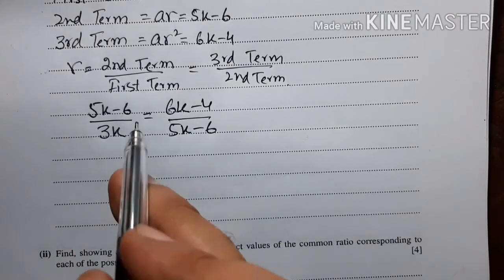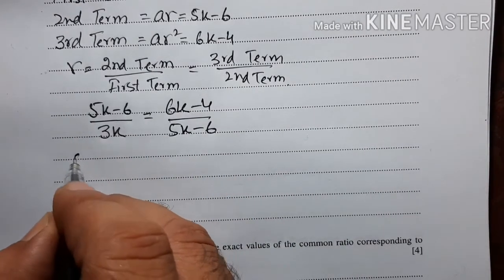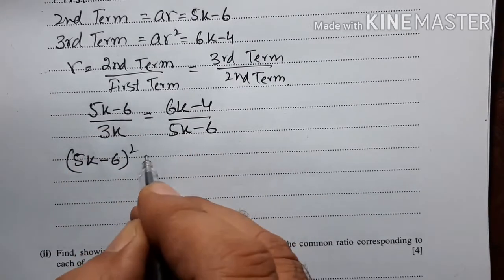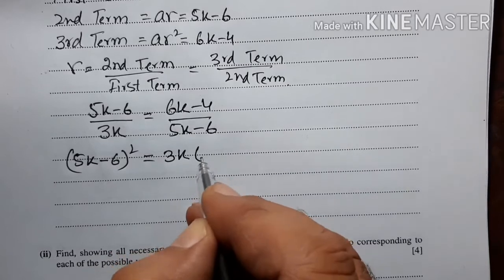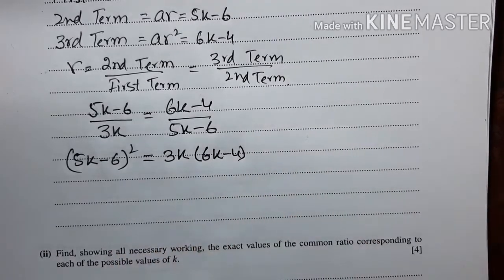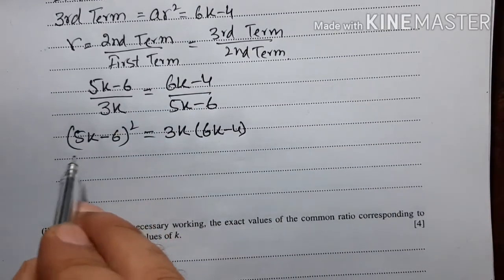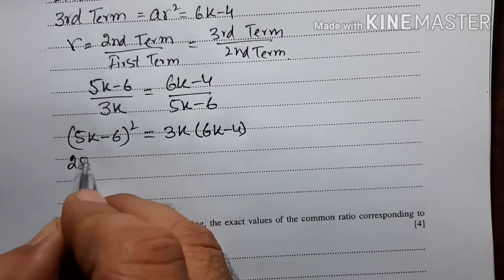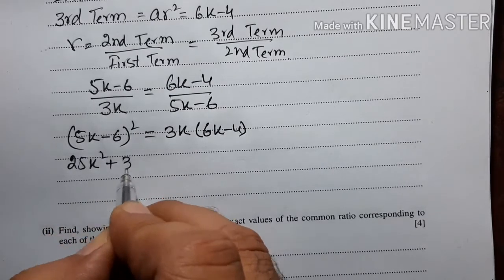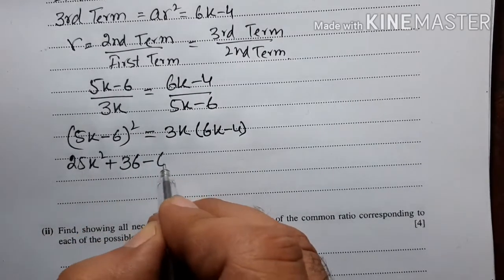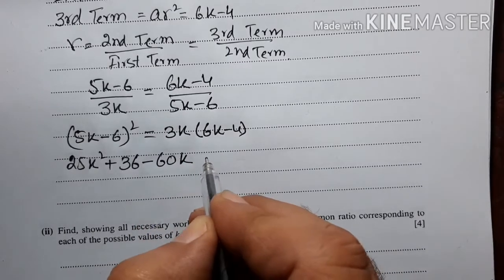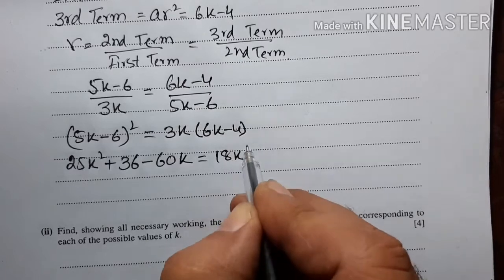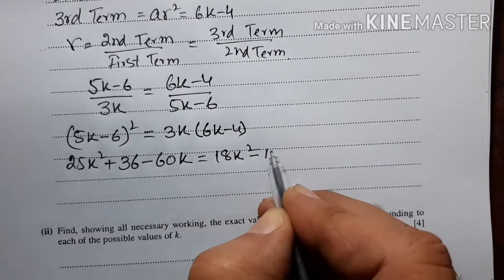By cross multiplying I will get 5k minus 6 square, because this multiplied with this is equal to 3k into 6k minus 4. So open this by the identity a minus b whole square. It will be 25k square plus 36 minus 60k is equal to, multiplying these two as well, 18k square minus 12k.